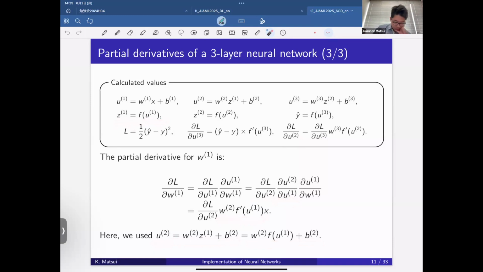Finally, u1 is w1 x plus b1, so dU1 dW1 is x. Therefore, the partial derivative of L with respect to w1 becomes like this.